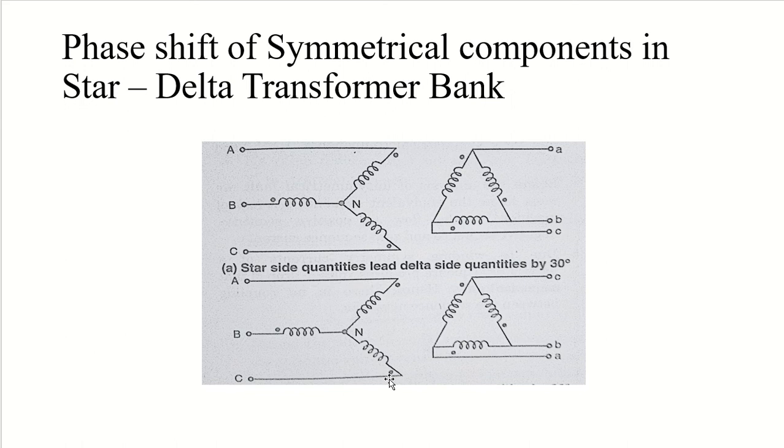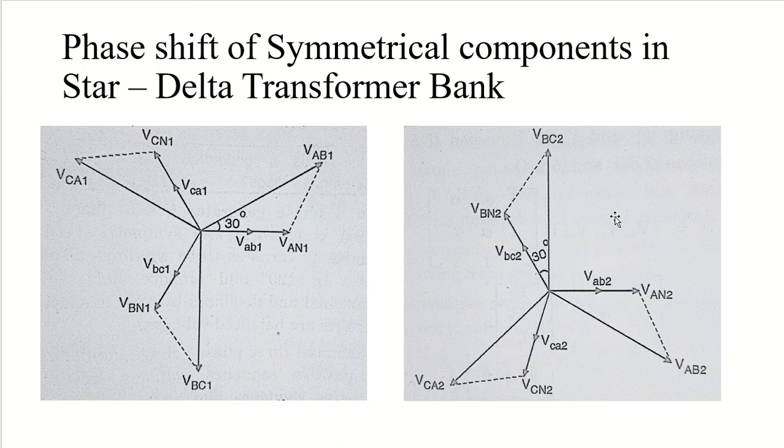So the star side quantities will lag the delta side quantities by 30 degrees here, as you can see in this second phasor. Your star side quantities are lagging the delta side quantities by 30 degrees, right? So the conventions will be the same as here.